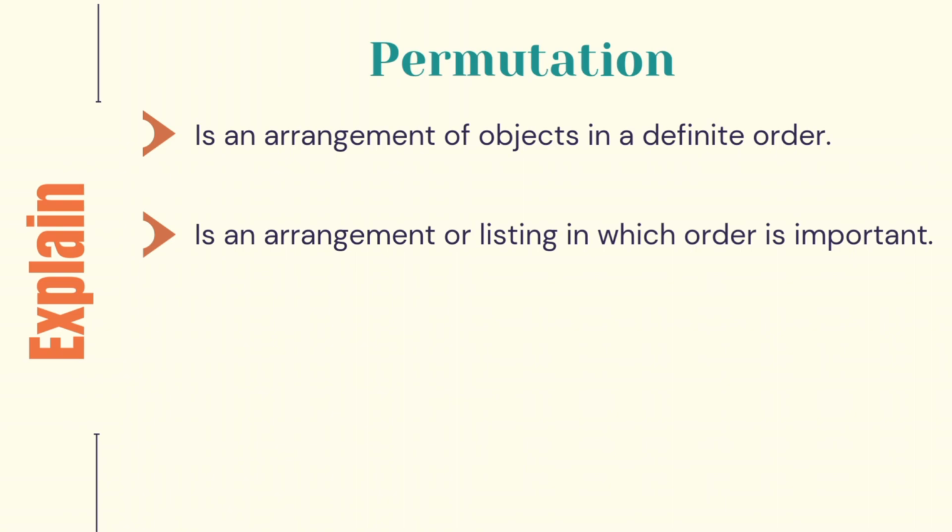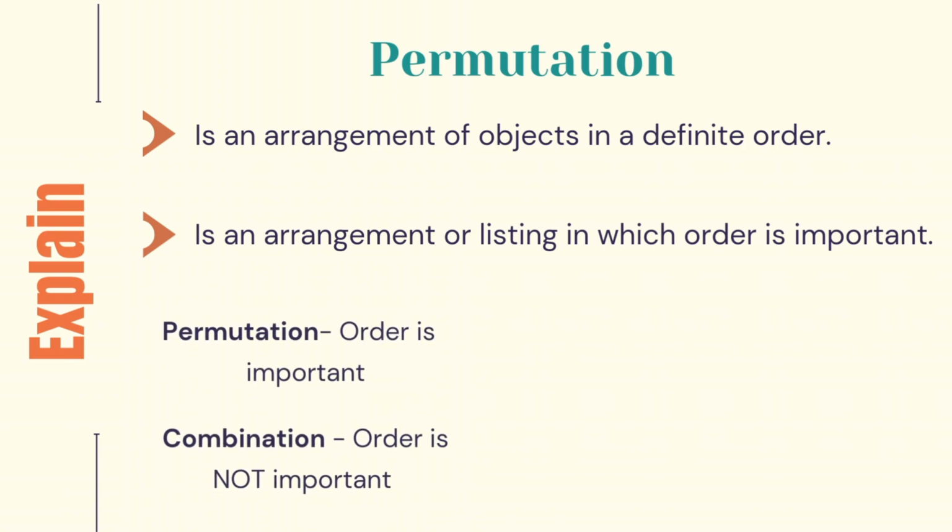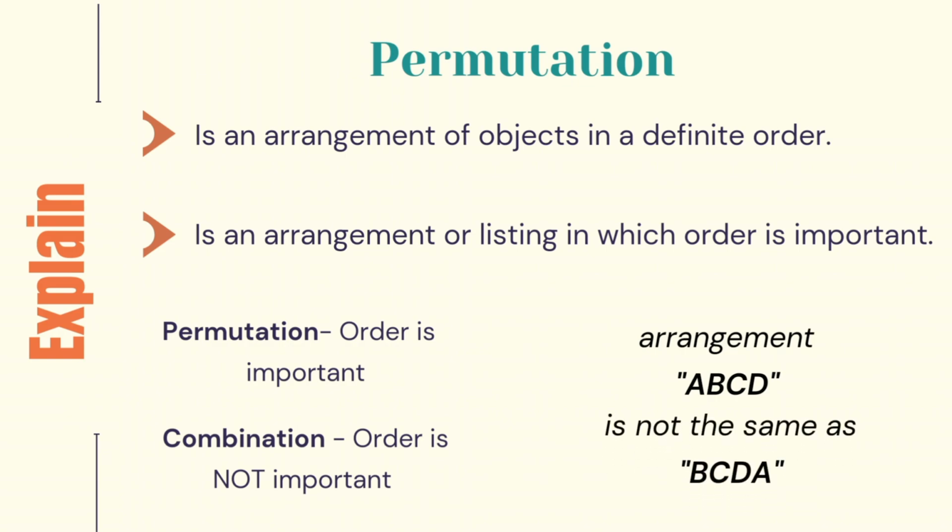Take note that permutation and combination are not the same, since in permutation, order is important, while in combination, order is not important. Meaning to say that if you have an arrangement A, B, C, D, it is not the same as arrangement B, C, D, A.